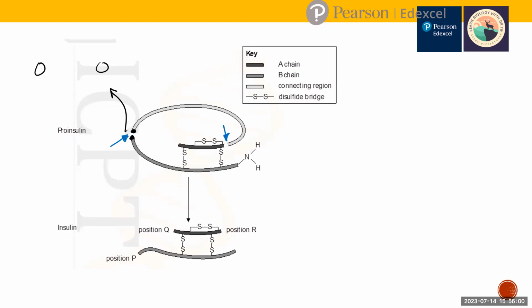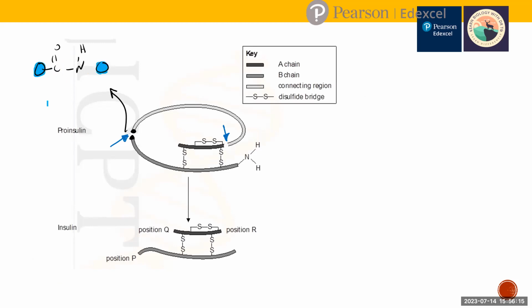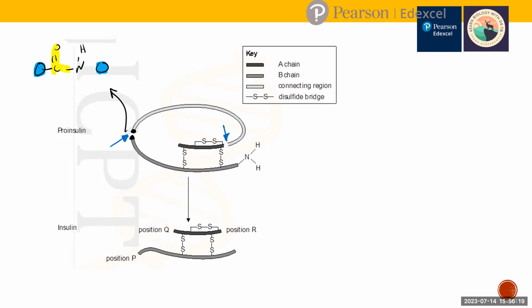Then between them we can find the peptide bond.